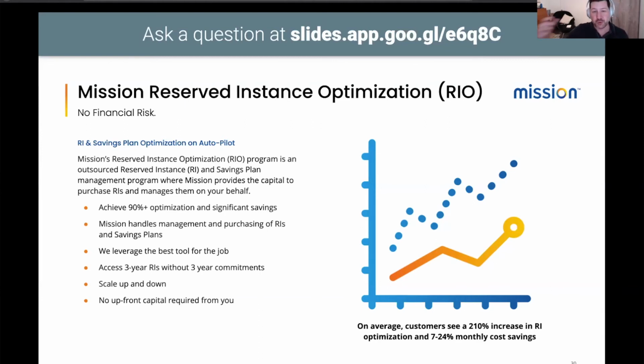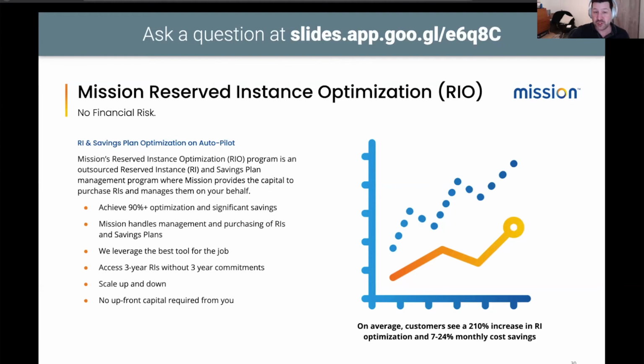So we can purchase 3-year RIs for you and put up the upfront capital to make it happen. And then if your workload changes and maybe that RI is not useful to you anymore, or a set of them, we can exchange them around for you to continue to have this really high level of optimization with no real cost or risk constraints for you.